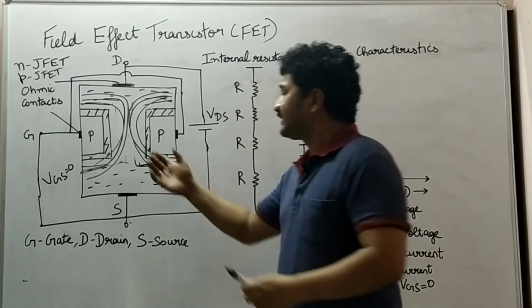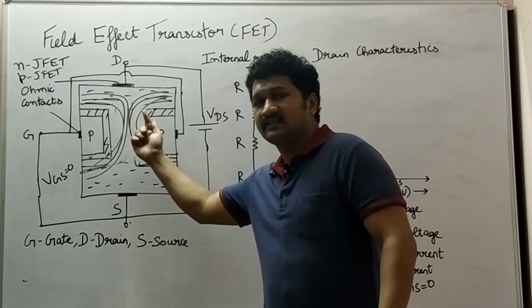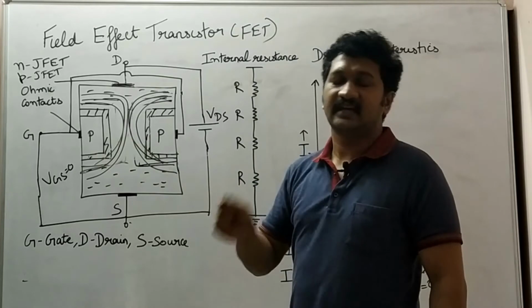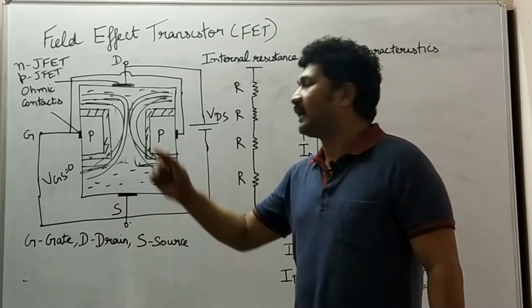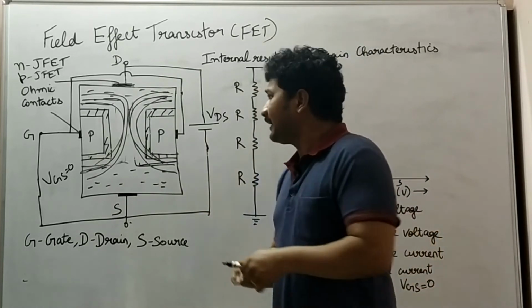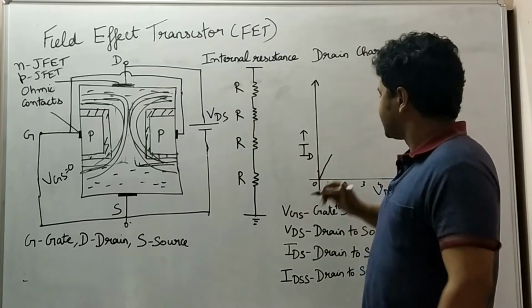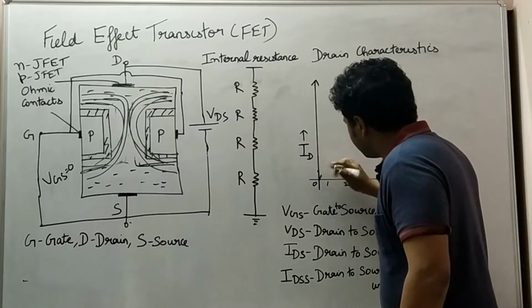There is a point at which these two regions come near each other but do not touch each other. That point is called the pinch off point and the voltage to attain that pinch off point is called the pinch off voltage.